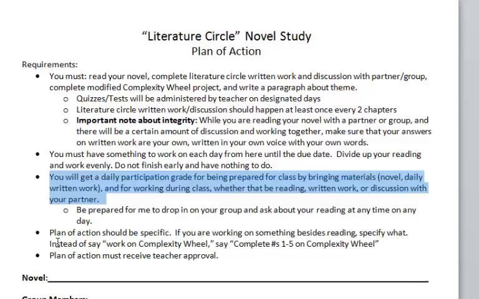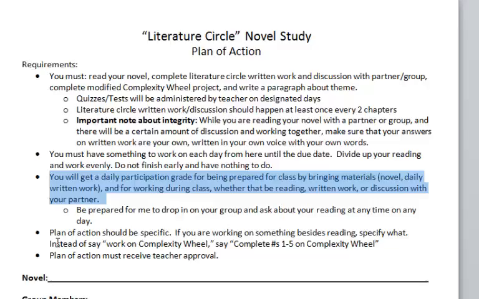You actually have your novel with you, because regardless of whether you are reading that day in class, having a literature discussion, or completing written work, you're going to need to have your novel with you. And any other needed materials, like literature circle worksheets or your complexity wheel, you should have with you daily.